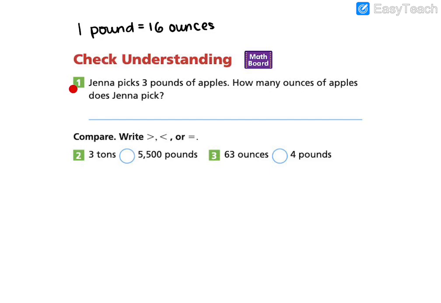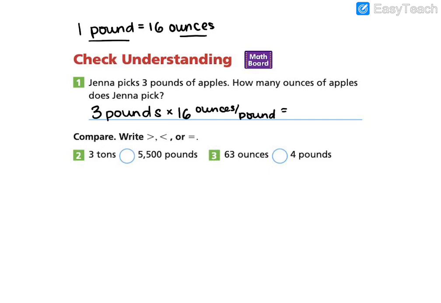So number 1 says, Jenna picks 3 pounds of apples. How many ounces of apples does Jenna pick? Well, we know if 1 pound equals 16 ounces, then to find what 3 pounds is equal to, we multiply that by 16 ounces in a pound.